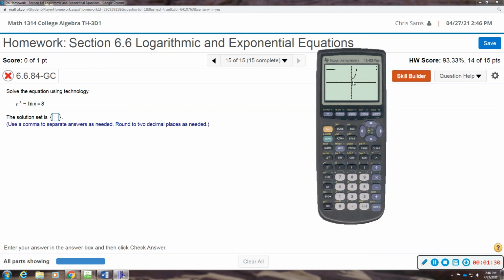Okay, it looks like it just starts at 0 and then curves up. Let me look at the table, second table. So it looks like we have an ordered pair. It says error on y2. No negative values.